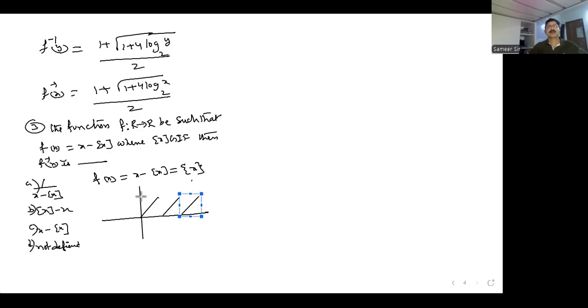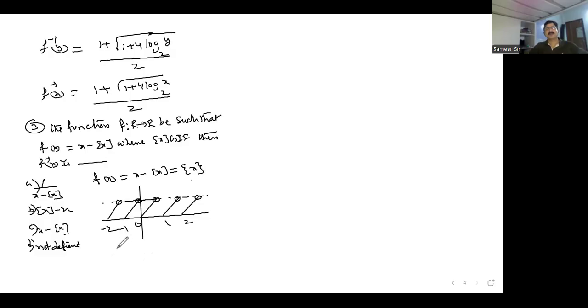I'm trying to draw a diagram. Okay, it's more than enough, I think. This is open. Height is 1 now. This is 0, 1, 2, minus 1, and minus 2.